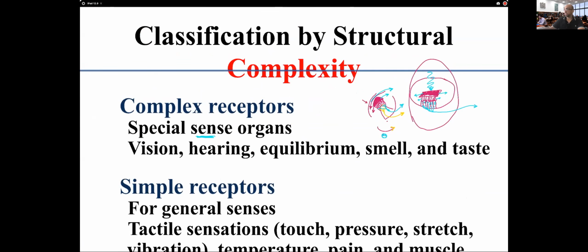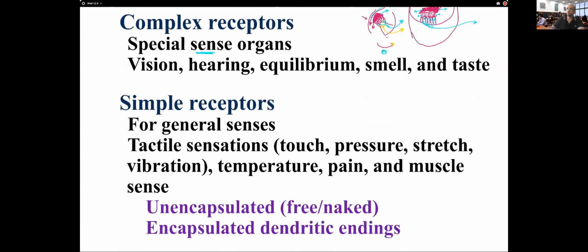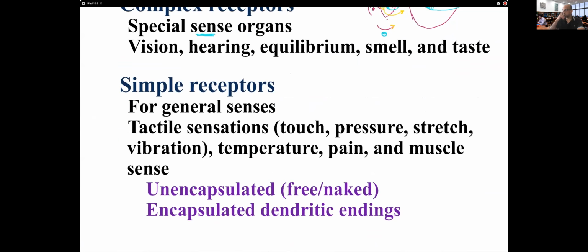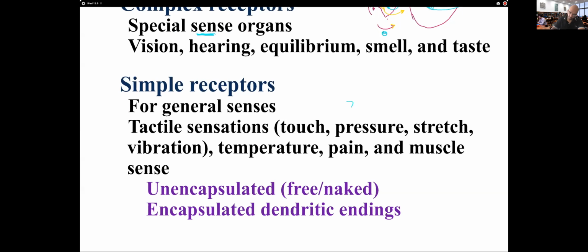Same for vision, equilibrium, smell, and taste. Compared to the simple receptors for general sensations, those are the ones that are detecting touch, stretch, vibration, temperature, and they are formed of nerve endings. That's it. So they don't have the hair cells, they don't have the stereocilia, they don't have the cupulas, they don't have the tectorial membrane.